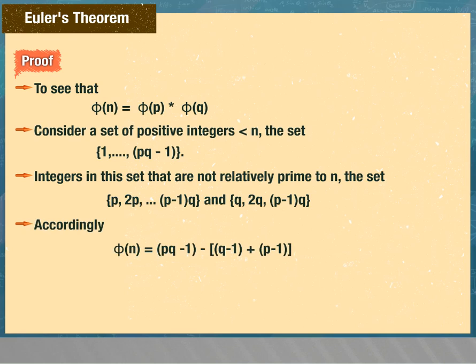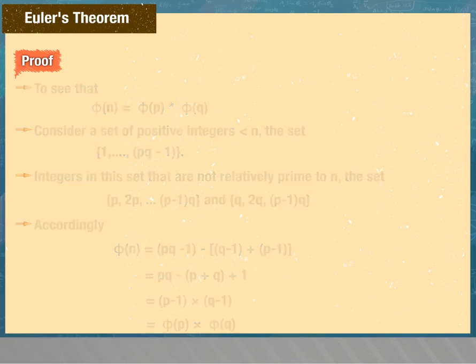Accordingly, phi of n is equal to pq minus 1 minus (q minus 1 plus p minus 1), which is equal to pq minus p minus q plus 1, which is equal to p minus 1 into q minus 1, which is equal to phi of p into phi of q.